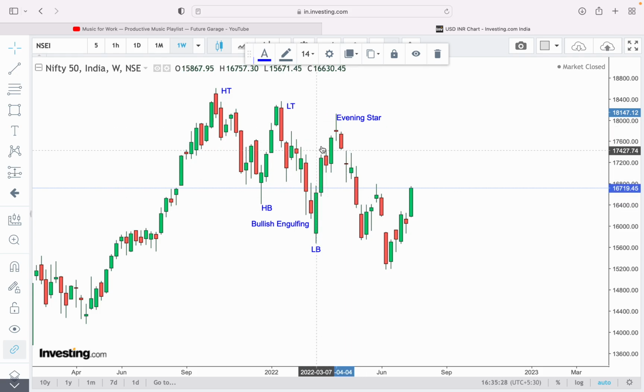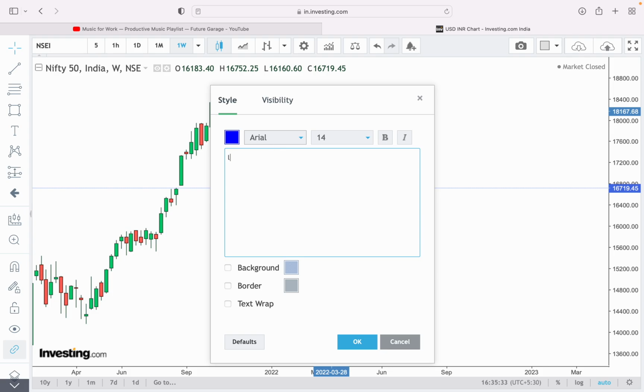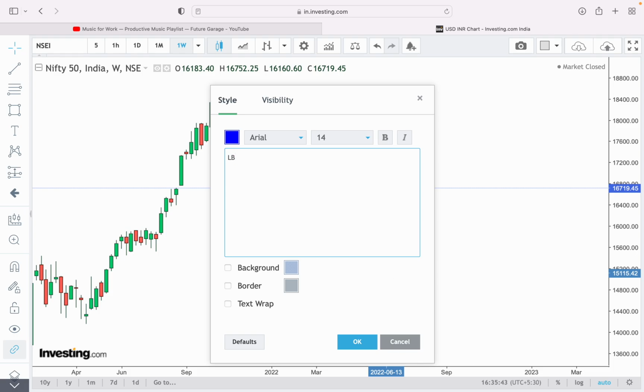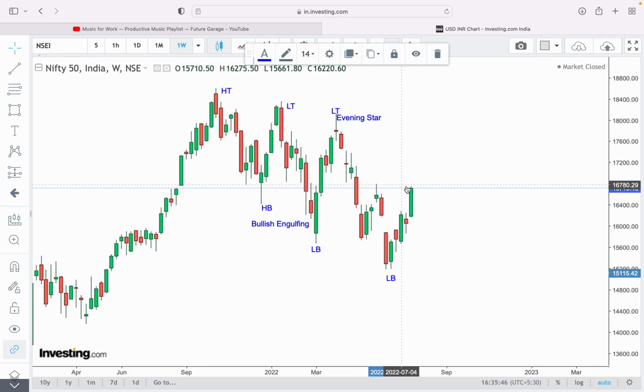And anyways, so we see the evening star. We subsequently see that this evening star was accompanied with a lower top, and from this lower top we see another lower bottom, and currently we are seeing the price in between.